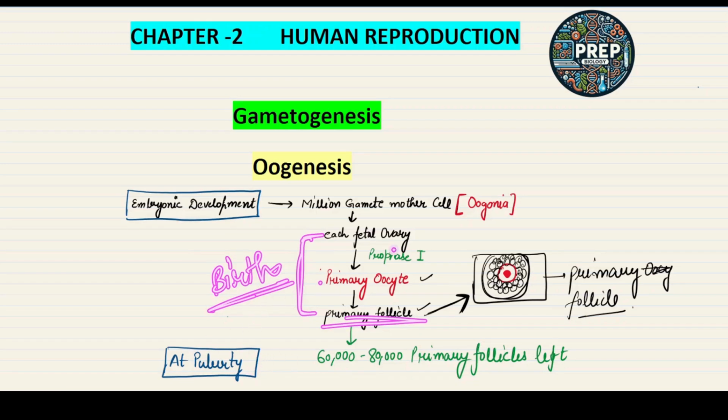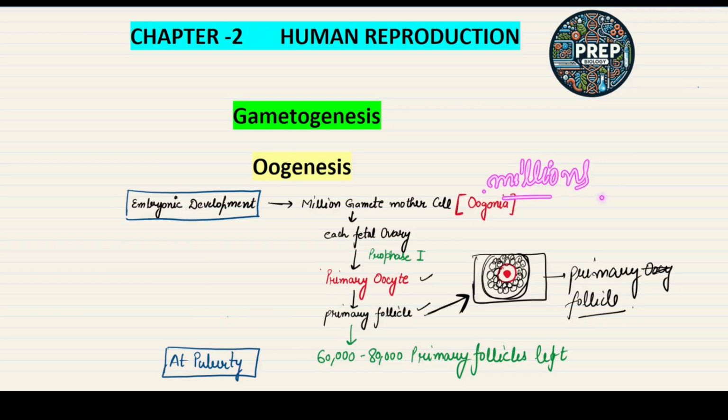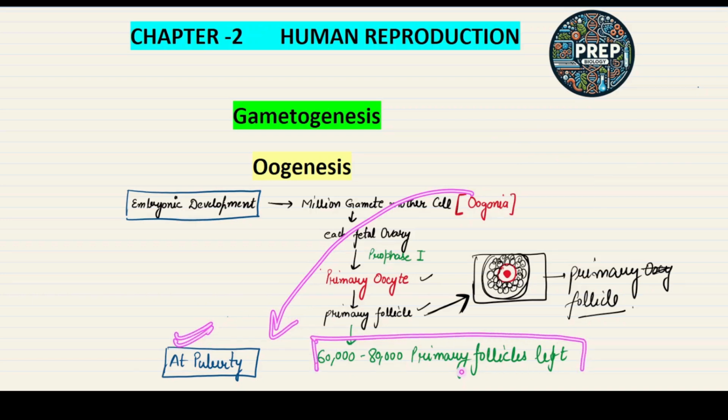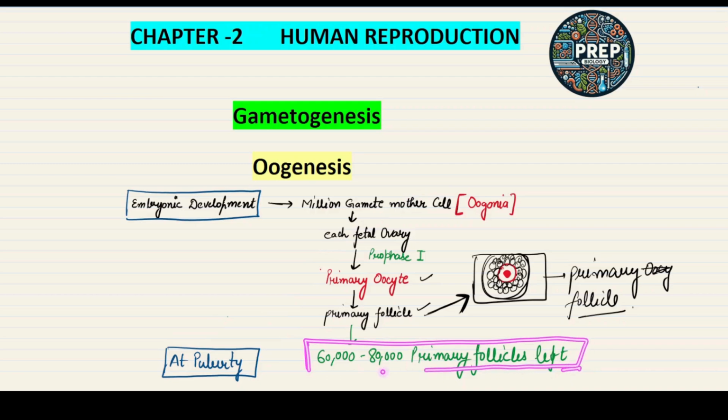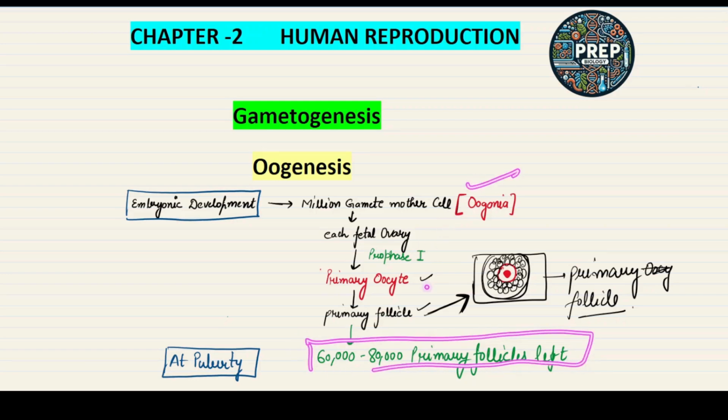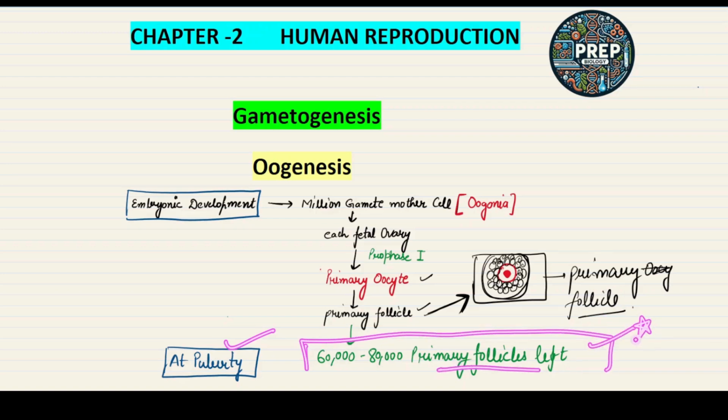In the fetus, millions of oogonia are produced, but at puberty, only 60,000 to 80,000 primary follicles are left. So their number decreases from birth to puberty. I hope this point is clear to you all.